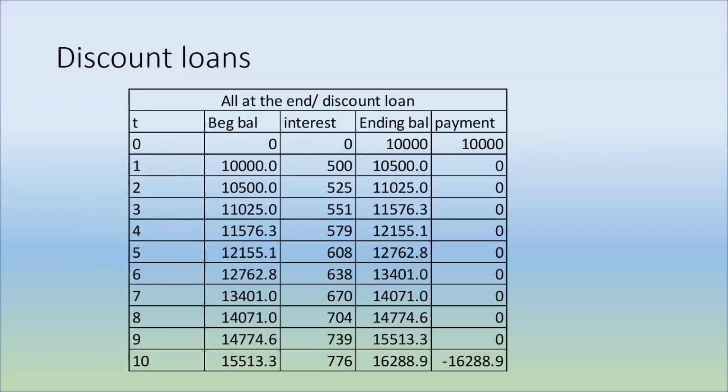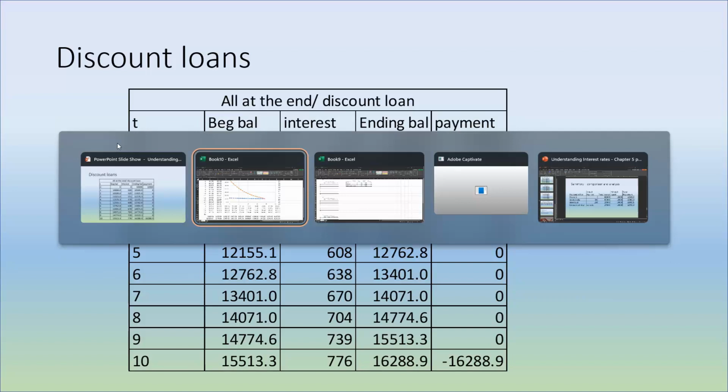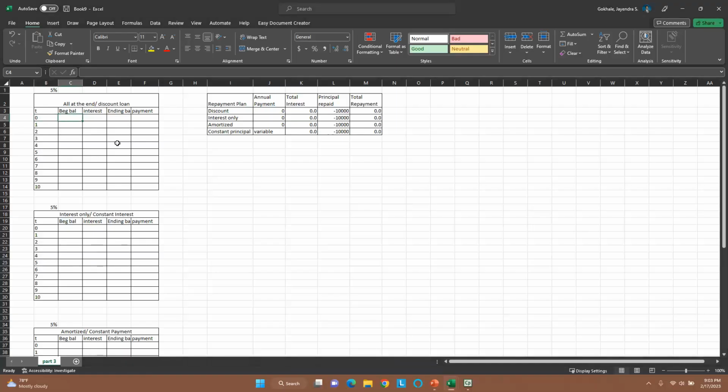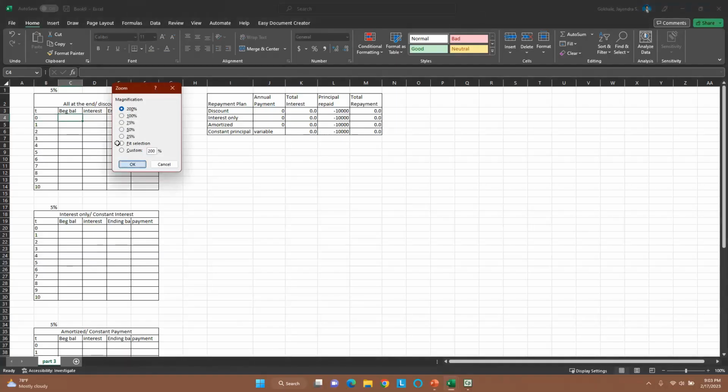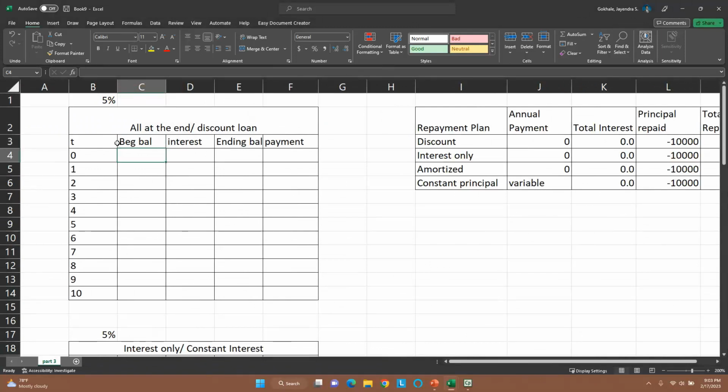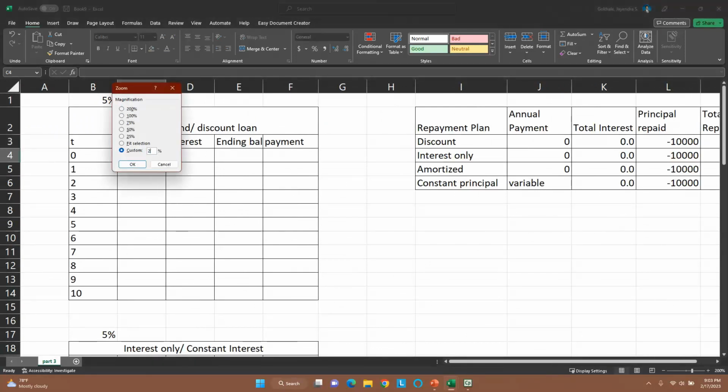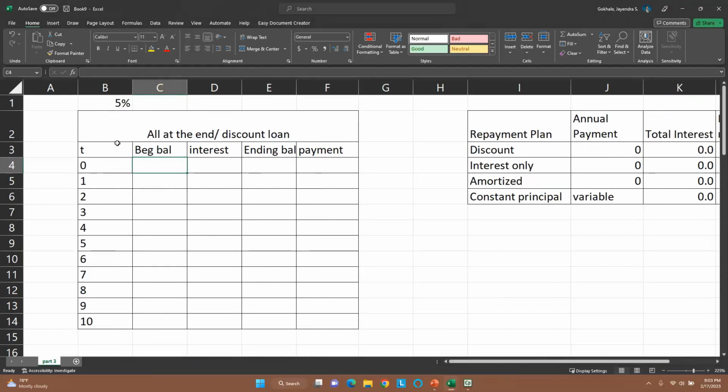So in a discount loan, we need to borrow the $10,000. The rate of interest is 5%, and let's use this table. So I'm going to do Alt V Z 0. That cell with 5% is fixed. Actually, I can do Alt V Z Alt C 225% to make it slightly bigger. At the beginning of time t equals 0, there is nothing.